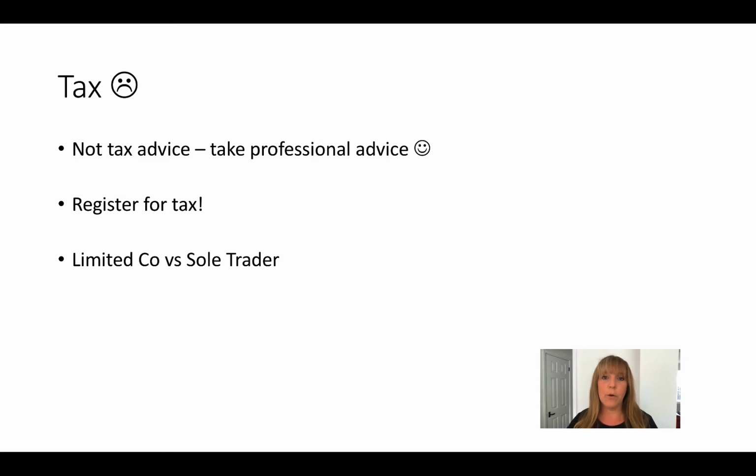Now, most people tend to start as a sole trader, and most people then tend to move on to have a limited company. And you can do that changeover between your accounts. So you can move from sole trader to limited company with Amazon. Be really careful if that's something you're going to do for a few reasons. First of all, don't do it too early after starting your account.